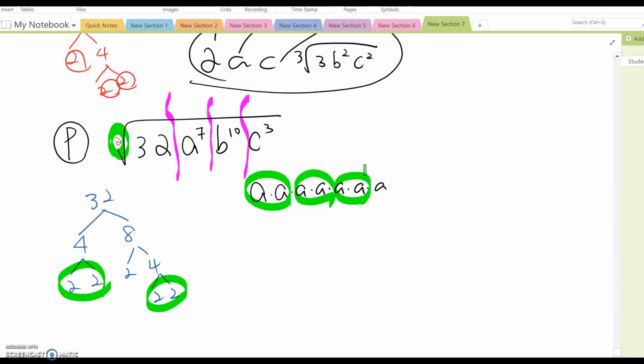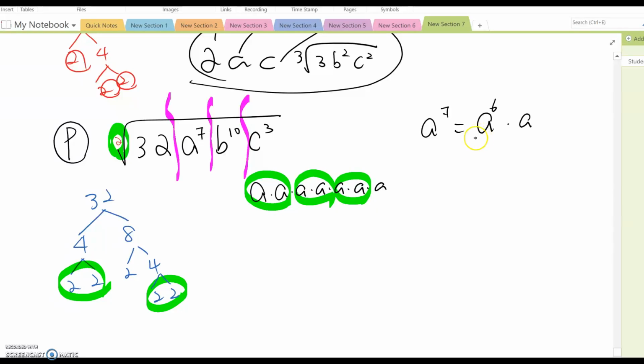If you do the same thing, you may notice that you can use division for the variable case here. So now a to the 7th, you can make a to the 6th times a here, right? How do I know? Just divide 7 by 2 to see how many pairs you can make.